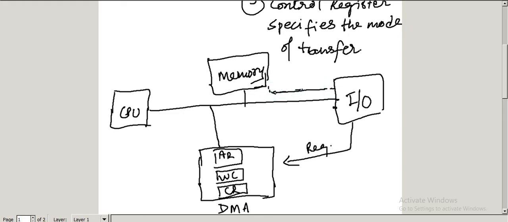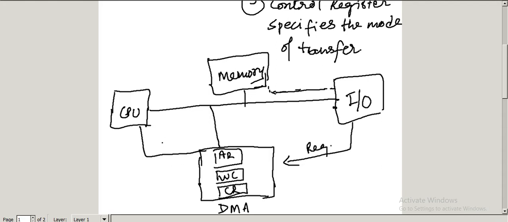So this is allowed when the input and output devices request to the DMA, and because DMA has no power, it requests the CPU for allowing DMA to control this memory access.